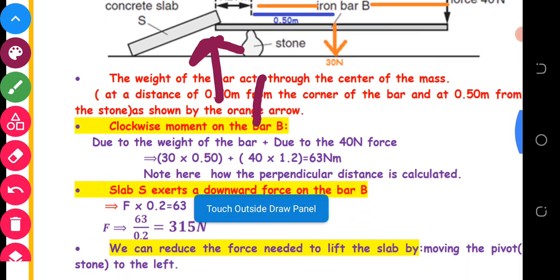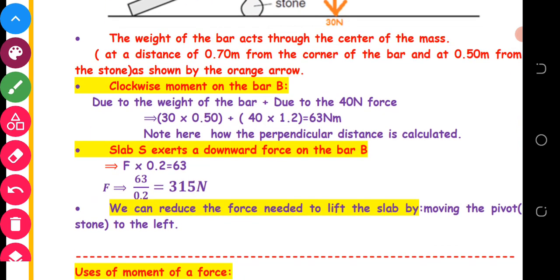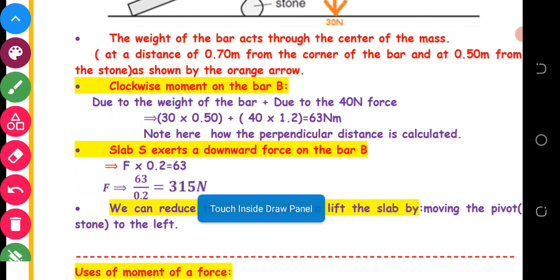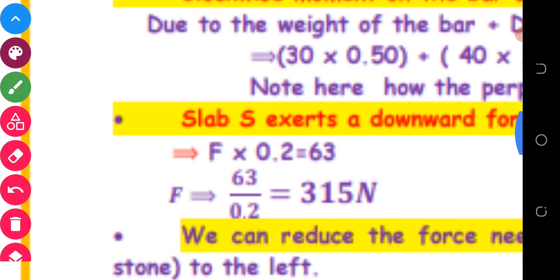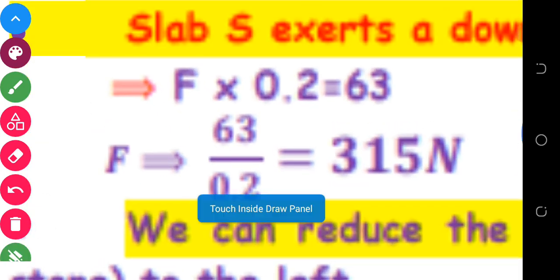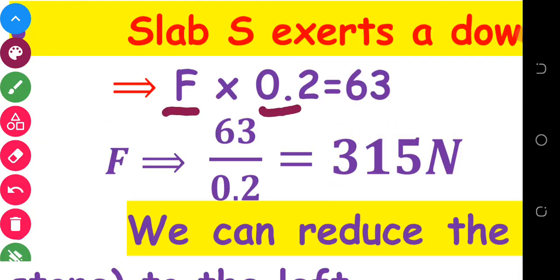So the moment of the force holding up the slab will be this force multiplied by 0.2. So this would be our anti-clockwise moments, and there's only one.